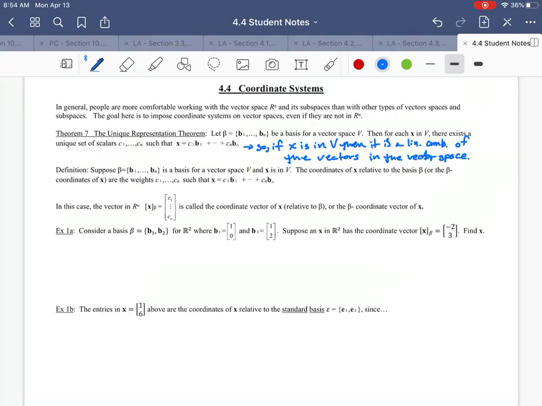Because that's what it means to be a vector in a vector space, is that you're a linear combination of the vectors that make up the space, like a linear combination of the vectors in the span. All right, and so that's all that thing is saying right there.